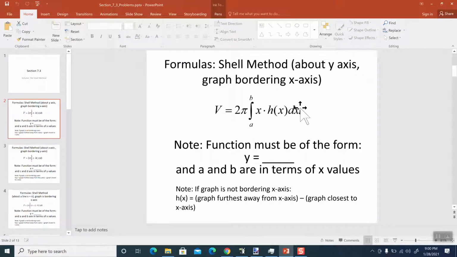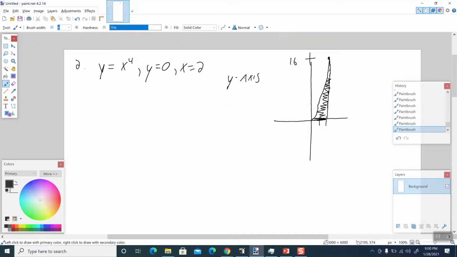So it's still this one because it's about the y-axis and the graph is bordering the x-axis, isn't it? See how this is bordering the x-axis?